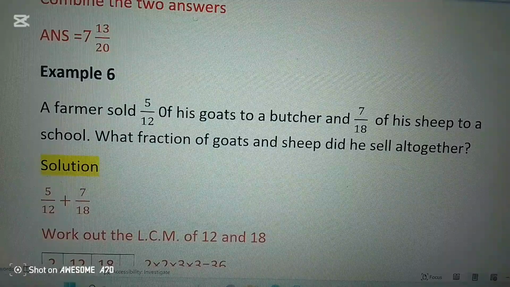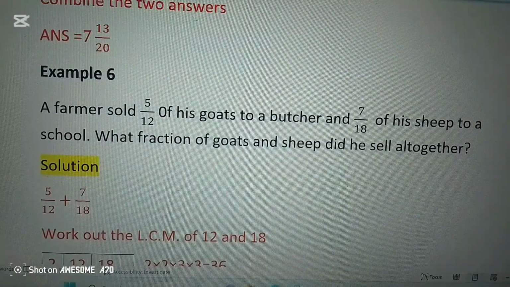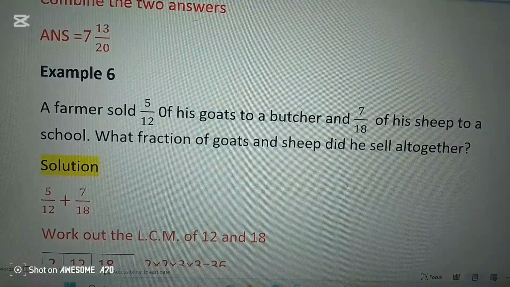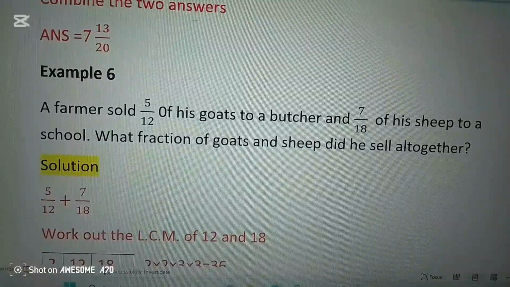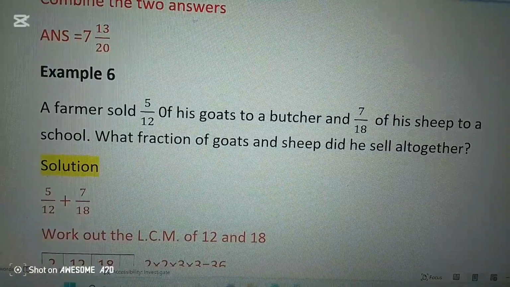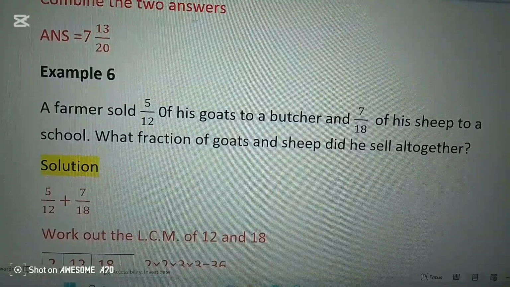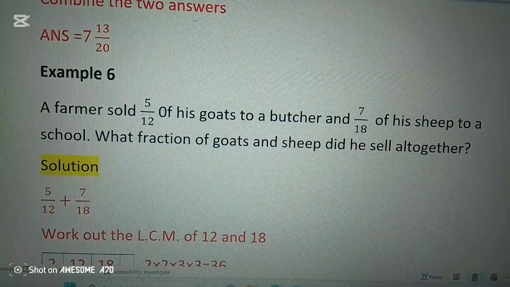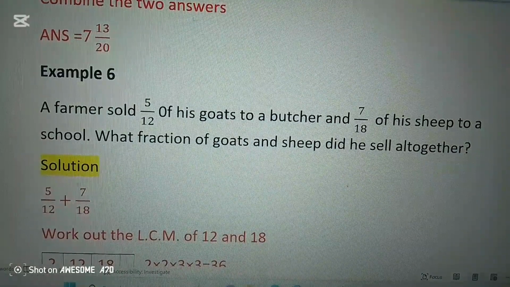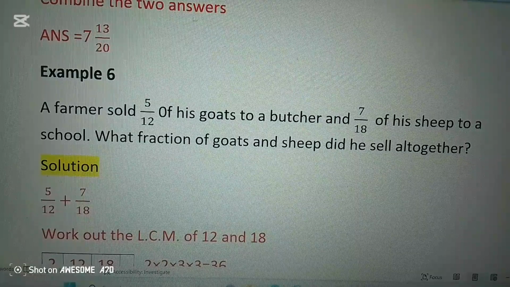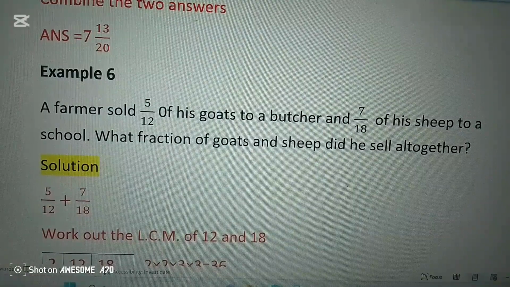So a farmer sold 5/12 of his goats to a butcher, and 7/18 of his sheep to a school. What fraction of goats and sheep did he sell altogether? Altogether means addition. So we are going to add 5/12 to 7/18.